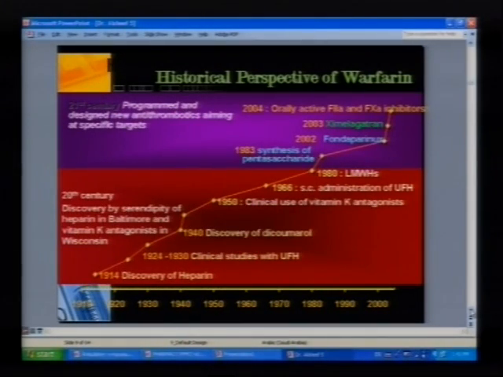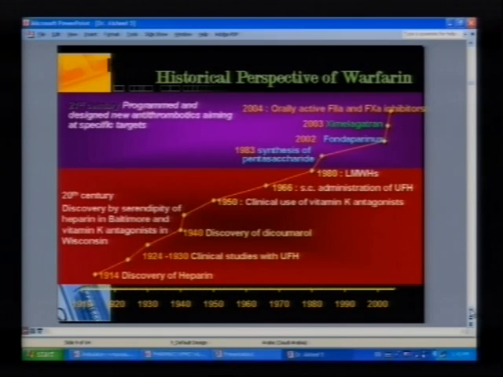This is just some historical perspective of warfarin. It was introduced into clinical use in 1950, and since that time it has still been used commonly. It was an interesting story. It was discovered by serendipity.